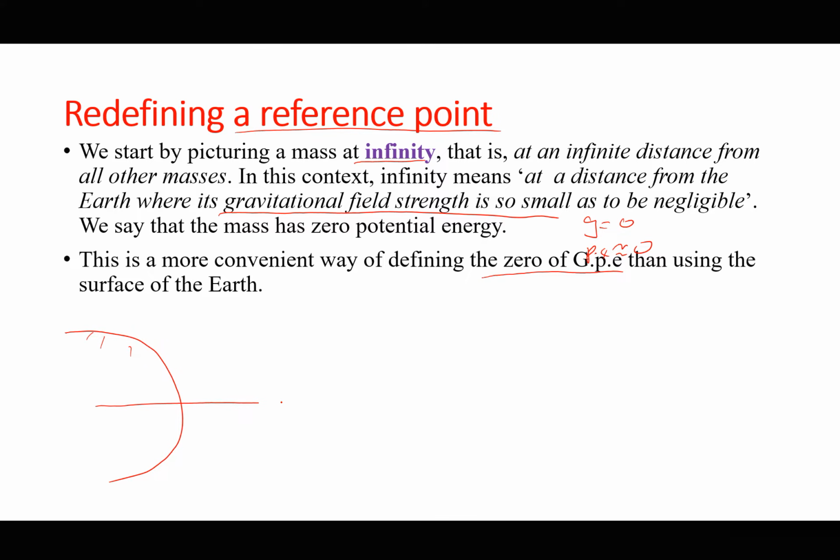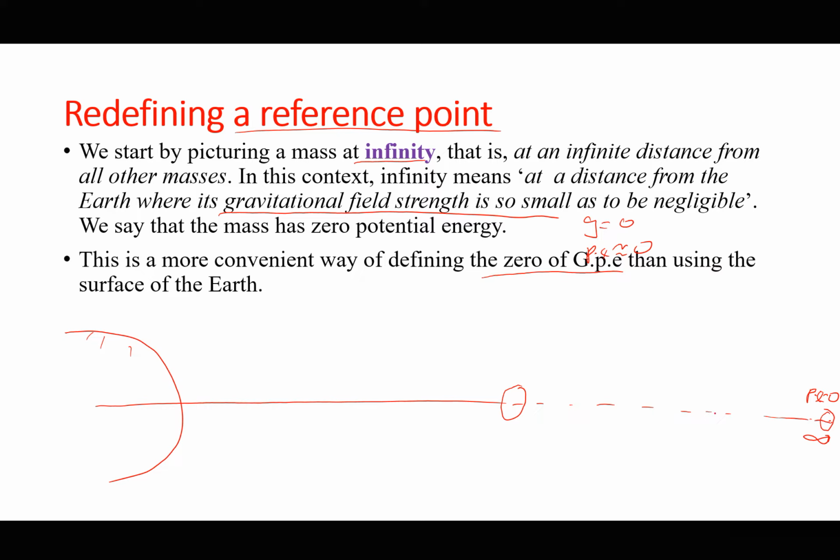And we are going to assume that an object is coming from infinity. I'll use dotted lines to go to infinity. Now I have moved from infinity. Maybe let me use this to be infinity. So this is at infinity, where potential energy is zero.